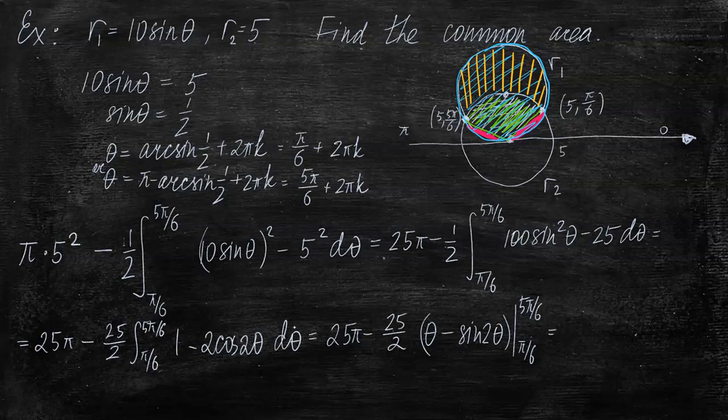So we get 25 pi minus 25 over 2, and here we have theta as 5 pi over 6 minus sine of 2 theta, so sine of 5 pi over 3, minus, we plug in pi over 6, minus sine of pi over 3.